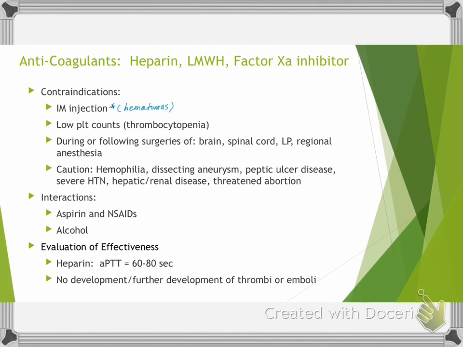Low platelet counts, if they have thrombocytopenia, which would be less than 100,000, then we don't want to give it. During or following surgeries of the brain, the spine, an LP or regional anesthesia, because it increases the risk of a spinal or epidural hematoma.